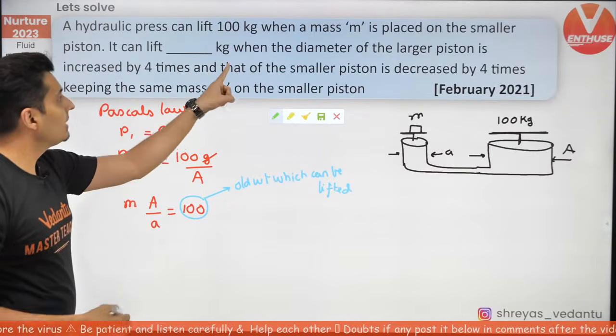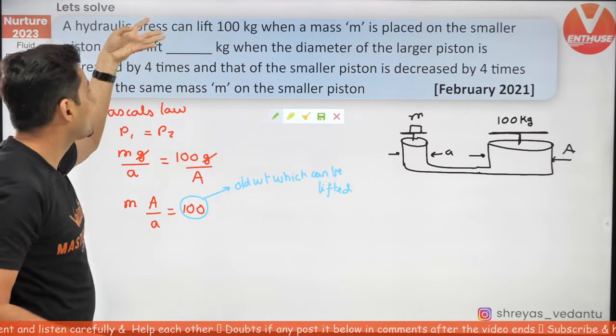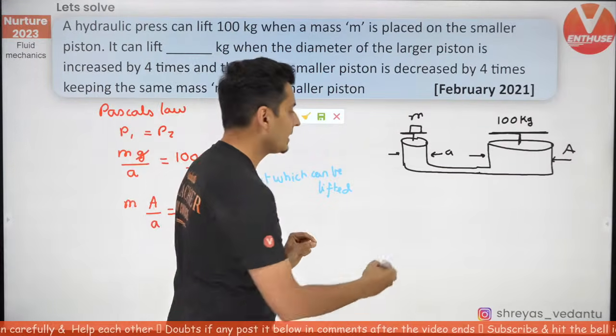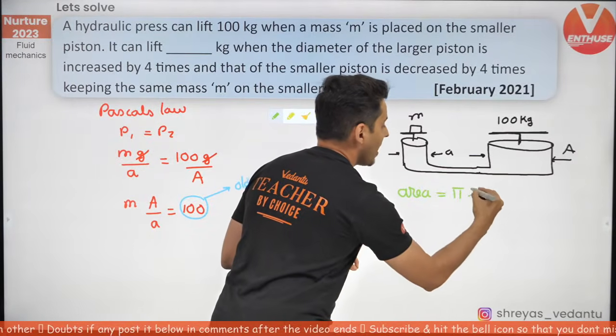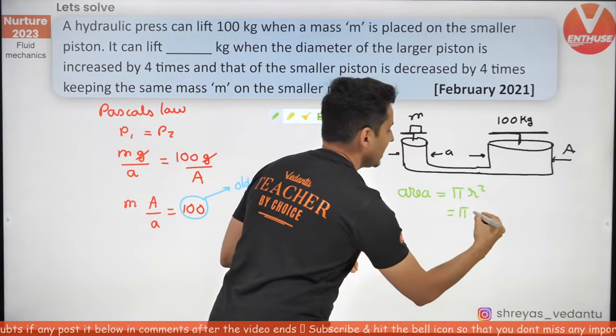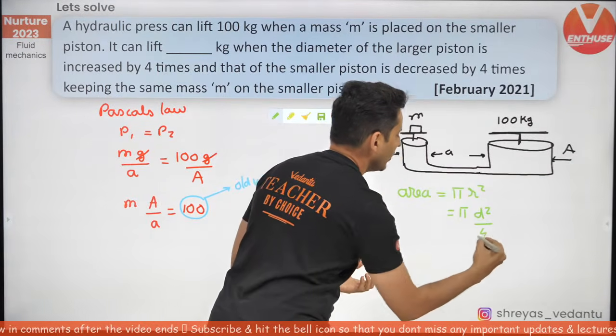Now see what is happening. The diameter of the larger piston is changed 4 times. If you recollect, area is basically pi r square, which is pi times diameter by 2 squared, so it will be diameter square by 4.